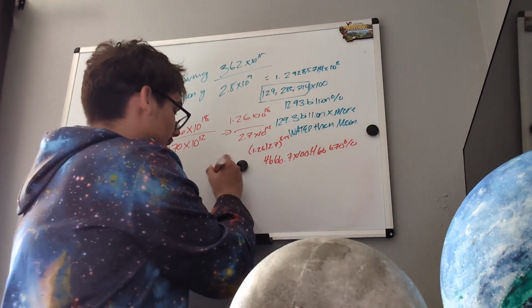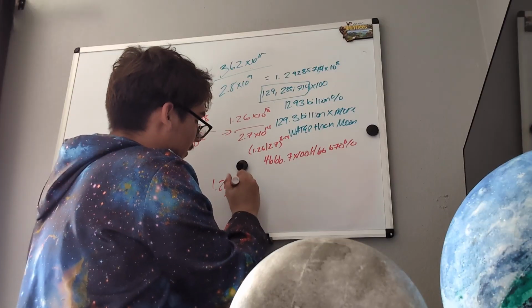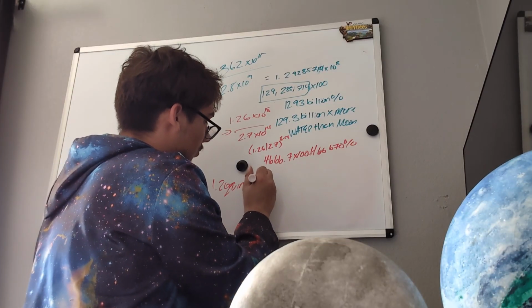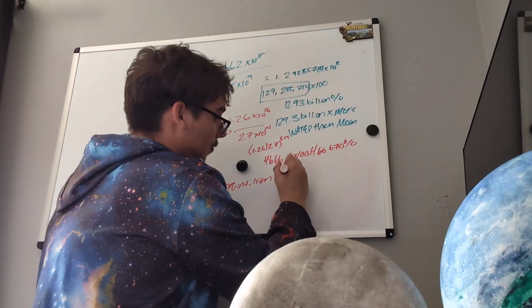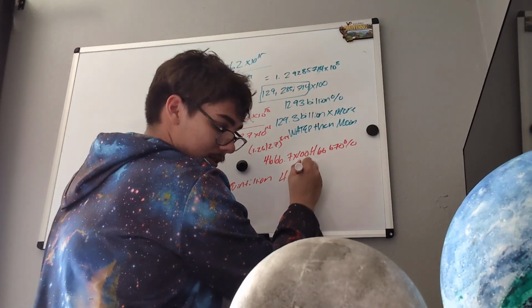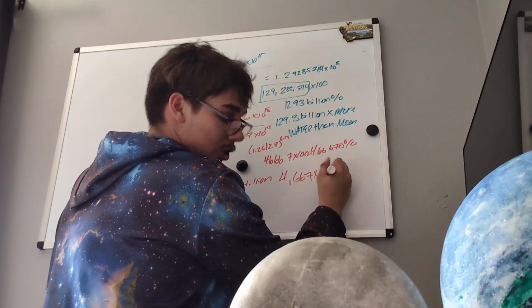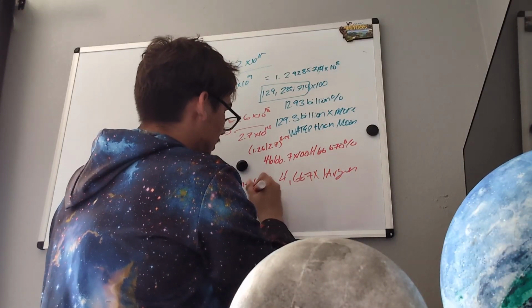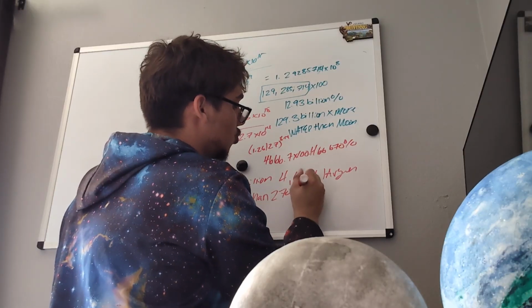And then you want to understand in kilograms how much water is total on Earth compared to the moon. And yes, that is 1.26 quintillion is 4,667 times larger than 270 trillion.